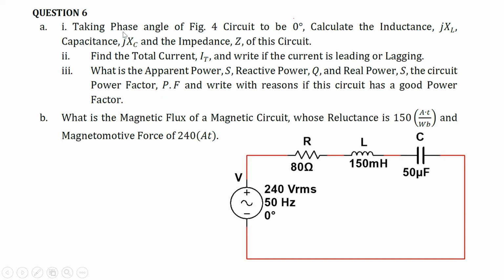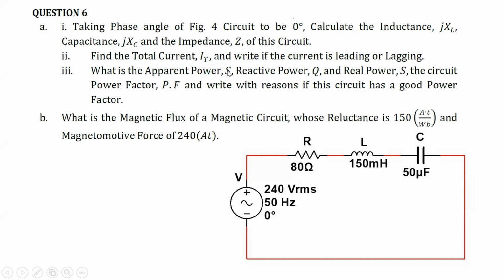Taking the phase angle of figure 4, this is the figure here, to be 0 degrees. Calculate the inductance, capacitance, and impedance of this circuit. Find the total current I of t and write if the current is leading or lagging.